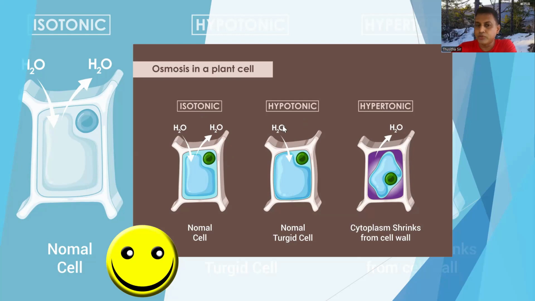Then the water can move in. If we have a very concentrated solution, just like salt or sucrose, we call it hypertonic. In that case, water potential is very low in the solution. Then the water moves from inside to outside.